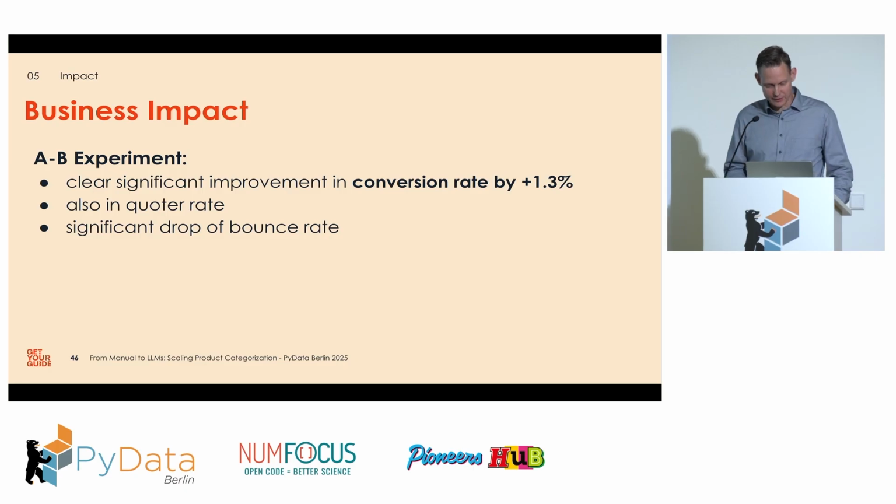So that everybody understands: conversion rate is how many of our visitors book something, quota rate is how many of our visitors take a closer look at at least one product, and bounce rate is how many visitors come and don't do anything and just disappear. So, very good results in the A/B experiment.